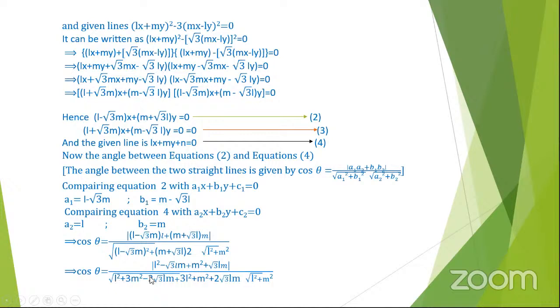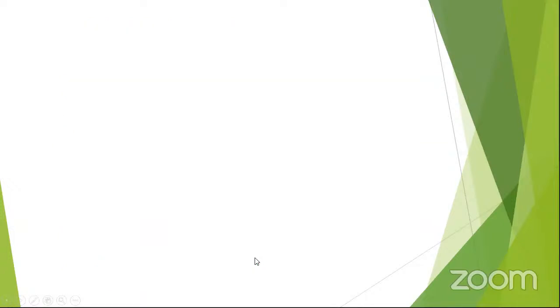That is cos theta equals L square minus root 3 Lm plus m square minus root 3 Lm by under root of L square plus 3m square minus 2 root 3 Lm plus 3L square plus m square plus 2 root 3 Lm, and it is under root of L square plus m square.